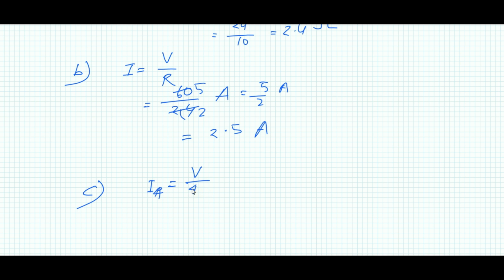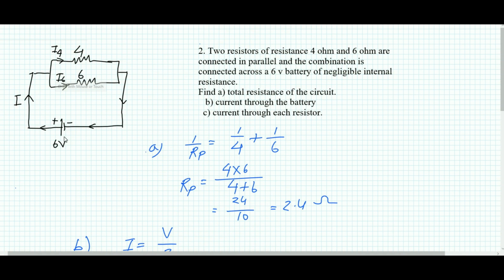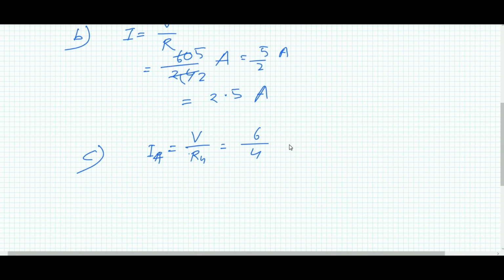It becomes 6 by 4, because this 6 volt is also applied across this and this. In a parallel circuit the voltage remains the same across all the parallel arms. So it becomes 3 by 2 ampere, or 1.5 ampere.